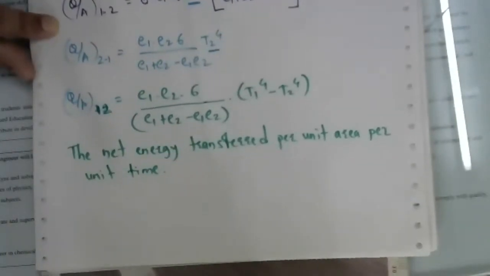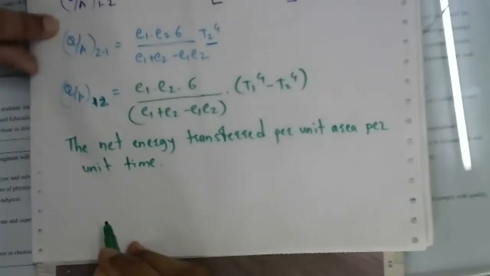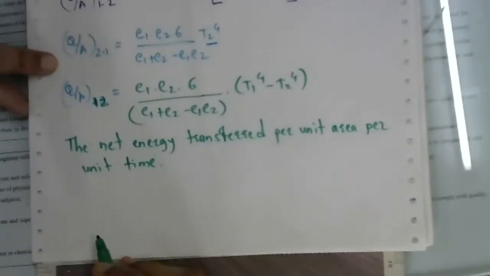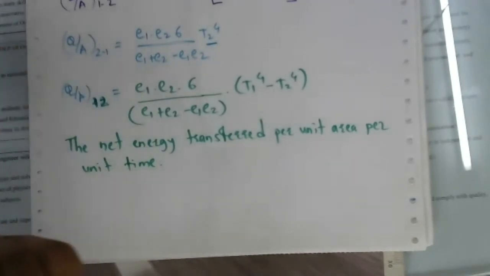We can add one constant here in this equation, that is F12. It is called as overall interchange factor.